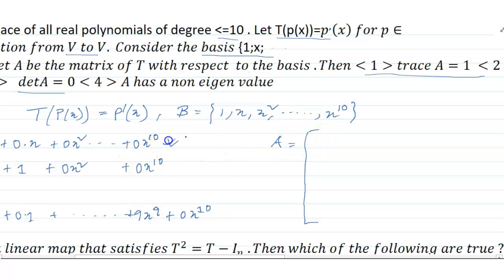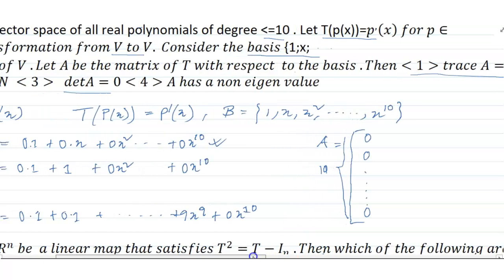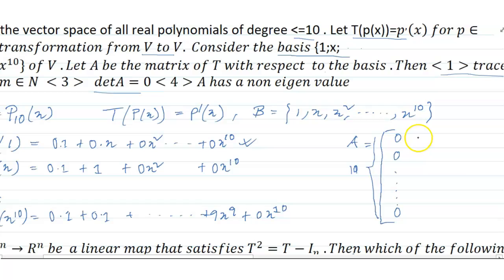It can be written column wise. So I write 0 0 up to 0. So it's not 10, it is 11, because 0 0 0 0 up to x to the power 10. After that, next vector is 0. This portion is not 0, this portion is 1 plus x plus up to this.